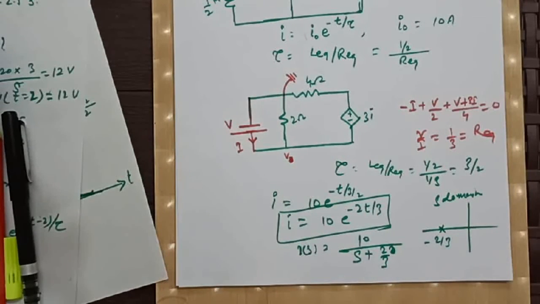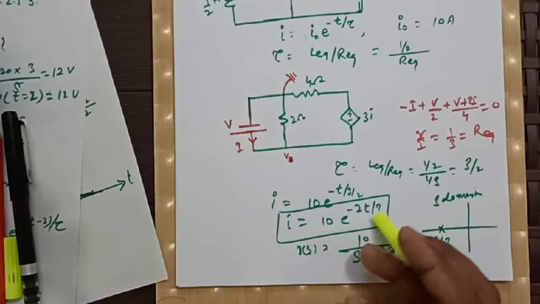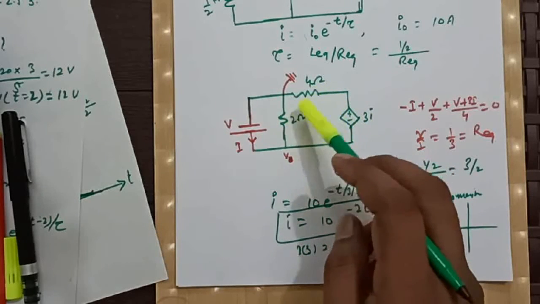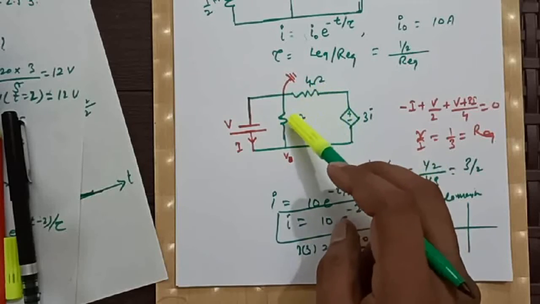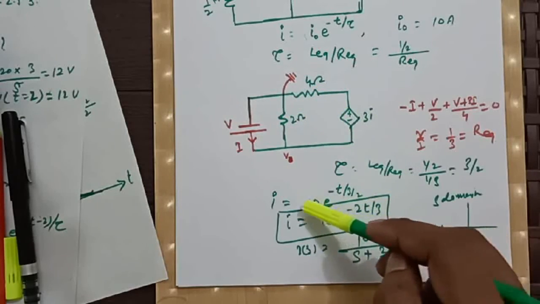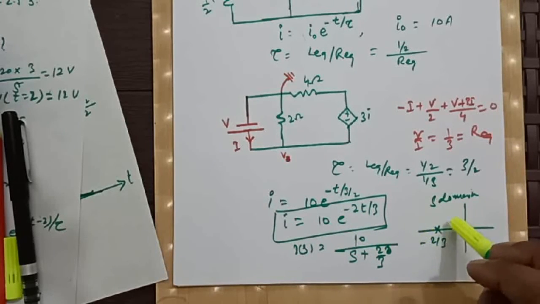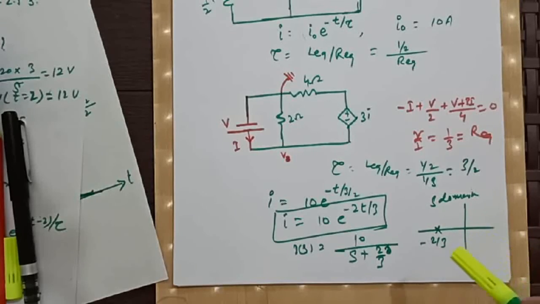And as we all know, if the pole is in the left half of the S plane, sigma plus j omega plane, then the system is stable or the response will be stable. Here this is the current response, so the current response will be stable. Now the interesting thing is that if we interchange the position of these two resistors, the response I will become unstable, means this pole will get shifted to the right side.